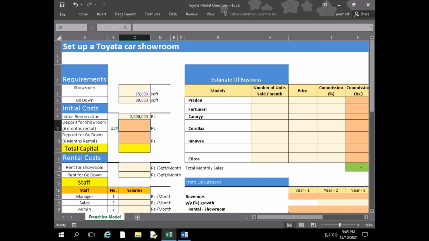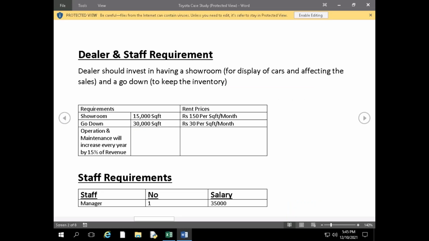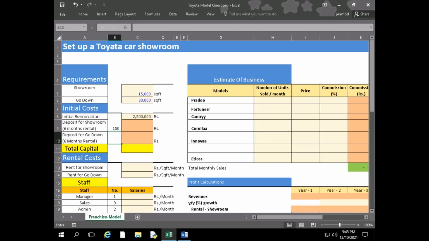That is for the showroom. For the godown it is 30. They are telling for 6 months. So can anyone tell me the formula I can use?